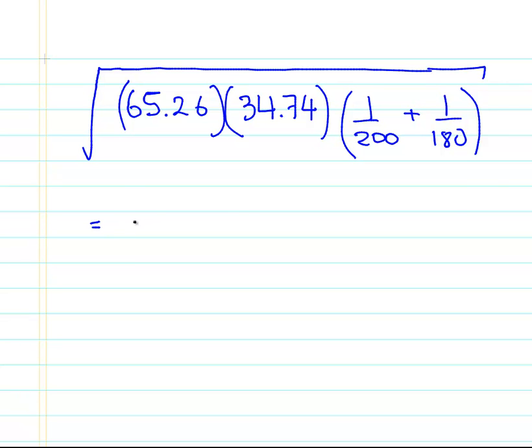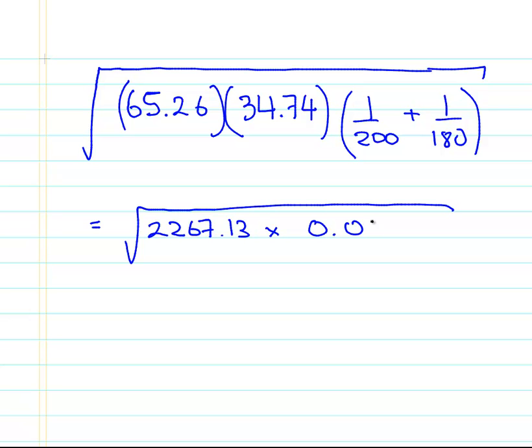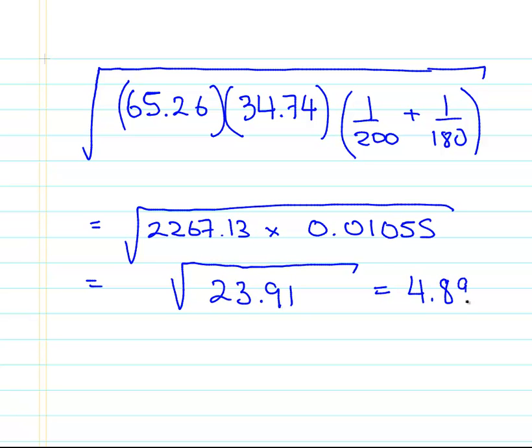That's 2267.13 times 0.01055. That essentially should be the square root of 23.91, which is 4.89. Let's just leave it as 4.89. If you don't get exactly the same answer, I'm shortening it, a little bit of rounding error. But anyway, that's my standard error. The standard error is 4.89.